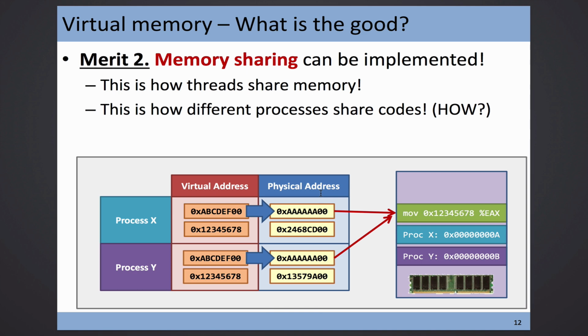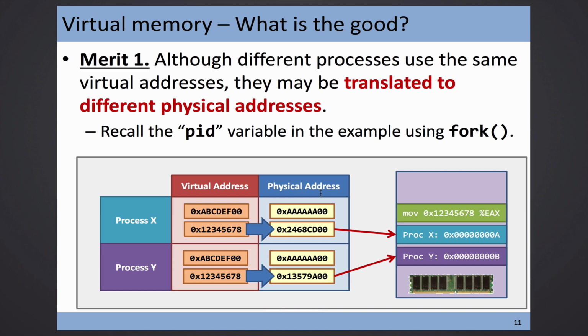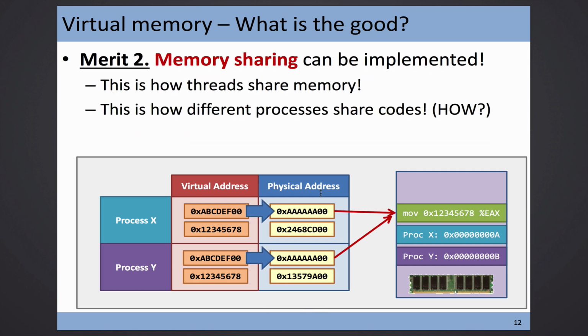Let's say this is process X, this is process Y. When you do a fork, everything will be duplicated within this virtual world. But when you map to the physical world, I copy a new area for you, and map it into another address. So this is how the computer can set up the fork call, how to duplicate the memory, and how, let's say, the fork call is so special that it allows you to share something. This is the way.